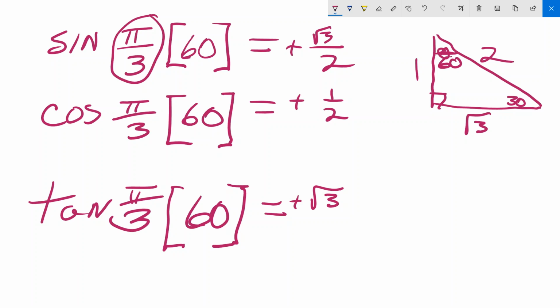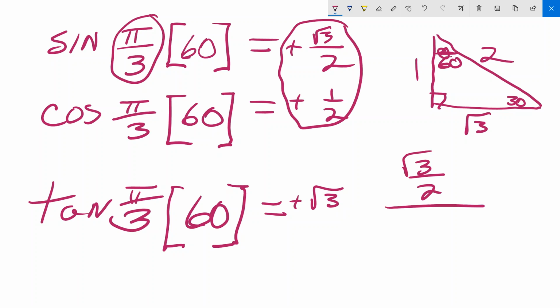Now, let's say we did it the easier way. Let's put the sine over the cosine. Well, the sine is square root of 3 over 2. And the cosine is 1/2, right? There's sine over cosine. How do you do that? How do you divide the top fraction by the bottom fraction?